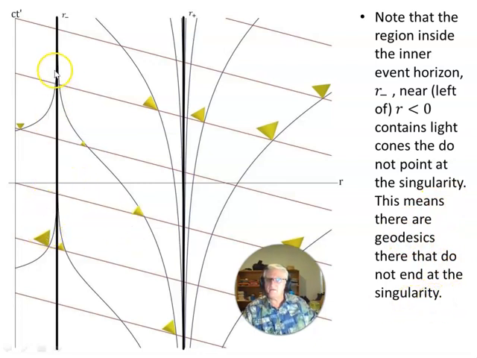So in region 3 here, the light cones do tip over, pointing towards the singularity. But at the singularity itself, as you've seen in the causation and closed time-like curve series I've got on this channel, in that region there, closed time-like curves exist where an object can avoid the singularity.